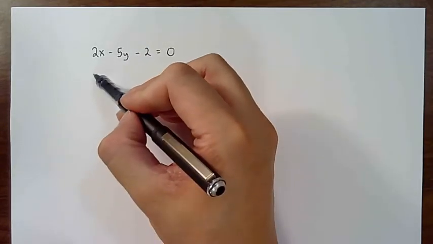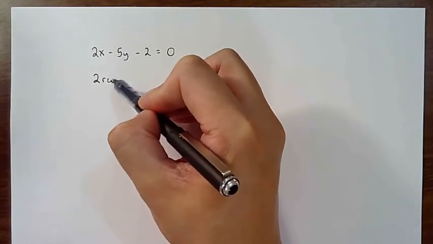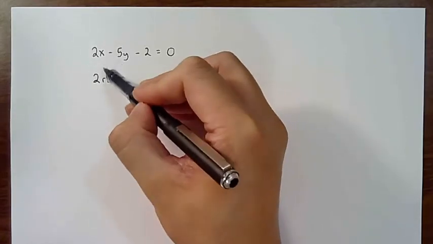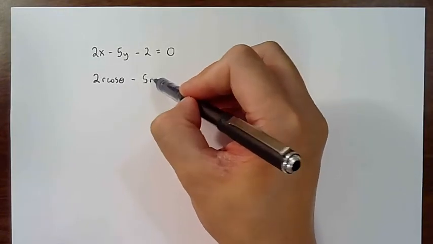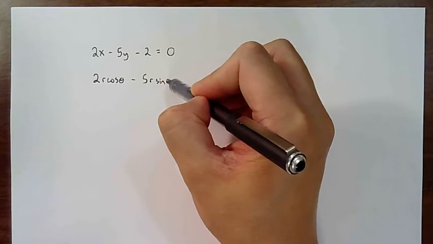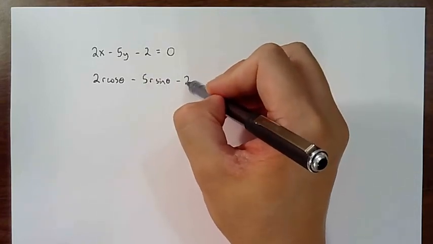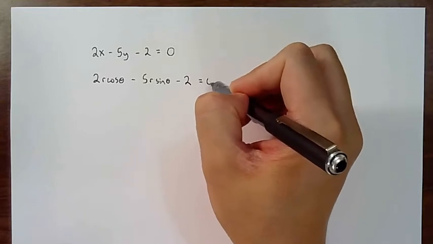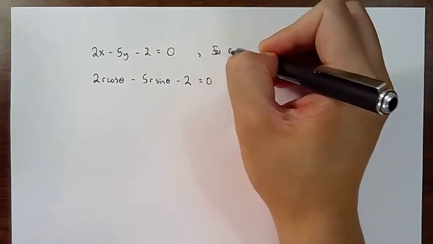So we'll just use the regular terms directly. So 2r cosine theta for the 2x minus 5r sine theta for the y, and then minus 2 equals 0. And we are trying to solve this equation for r.